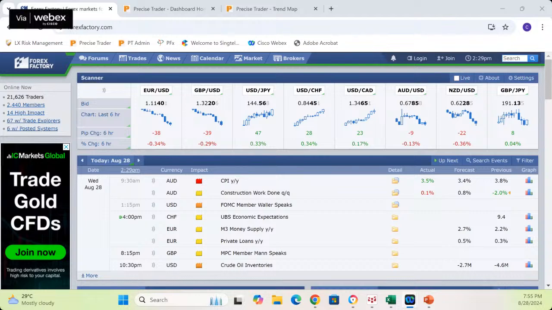As a trade manager, and when I say trade manager, I mean each and every one of you who are trading is considered a trade manager. You are going to manage the trade and take decisions.